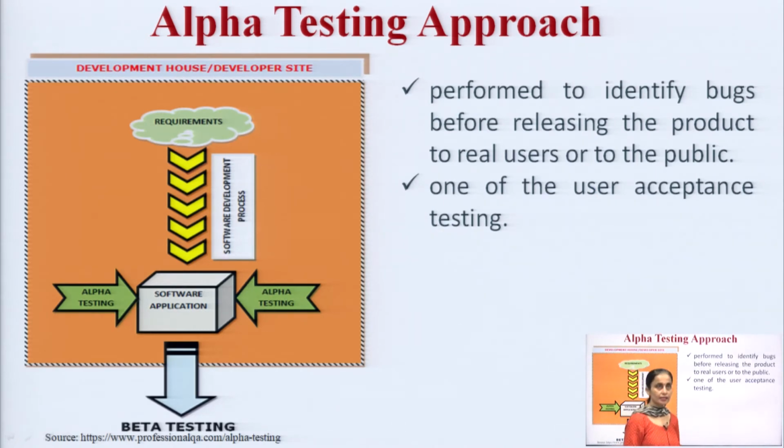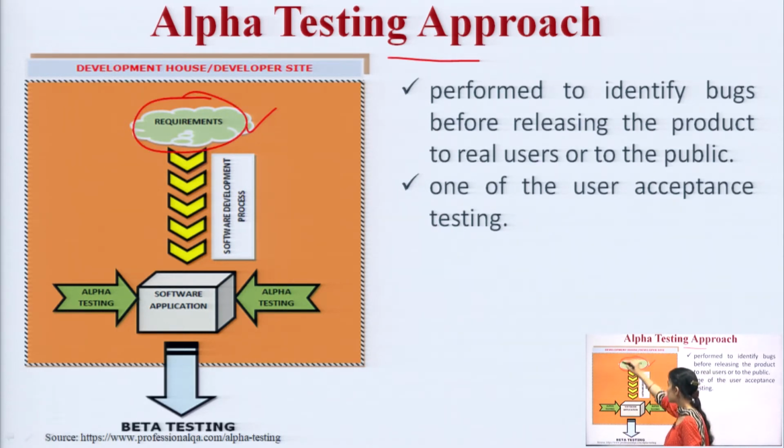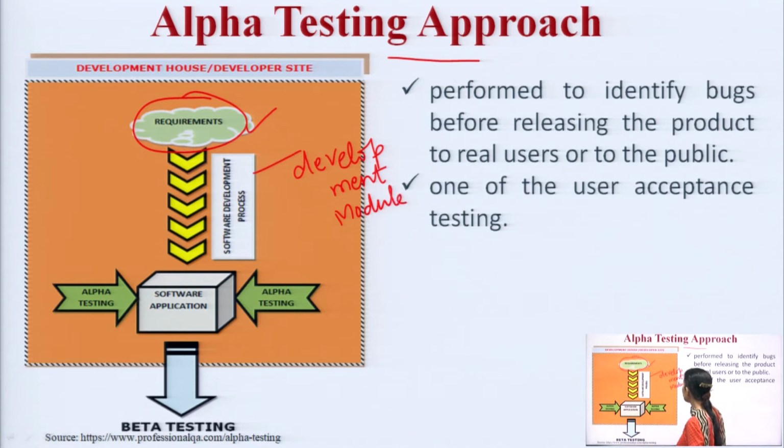Then let us discuss the alpha testing approach. Here we can see that this is our development house where we are developing the software. For that we have gathered the requirements. We can see this diagram. After gathering the requirements, which is the first phase, we proceeded to the development module. In this development module, the entire software is developed using the software development process.